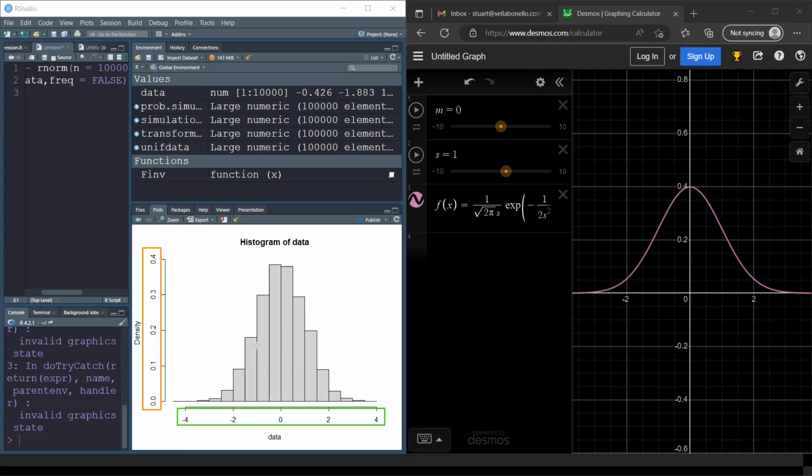So this is a histogram in R. You're bucketing the data. You're saying, okay, how many values do I have between -2 and -1.75? Between -1.75 and -1.5. So this is a histogram.